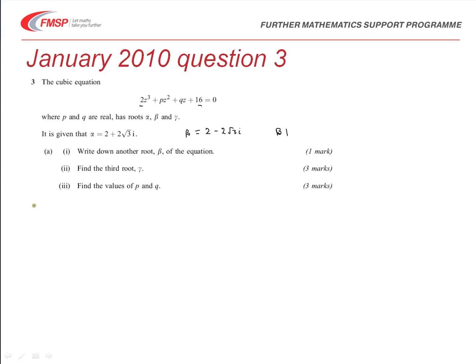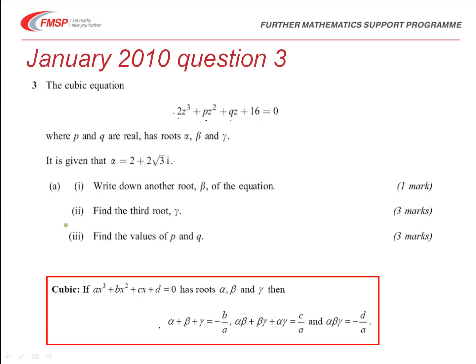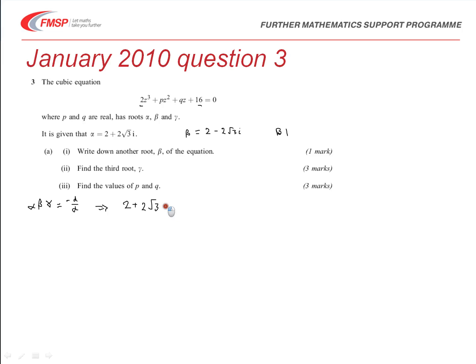We know that alpha beta gamma equals minus D over A. So alpha is 2 plus 2 root 3i, beta is 2 minus 2 root 3i, gamma is the root that we don't know, and negative D is 16, over A, which is 2.